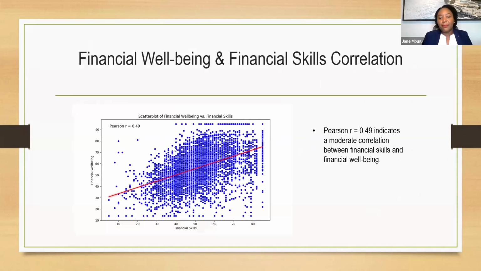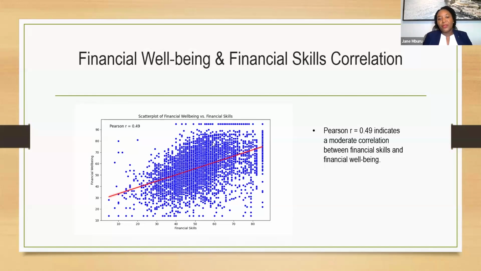This one is a scatter plot that I created for financial skills against financial well-being. I wanted to understand how the two features correlate with each other. And with the naked eye, one can assume that the two are strongly correlated. But if you calculate the Pearson R, which gives us 0.49, you will realize that actually there is a moderate correlation.